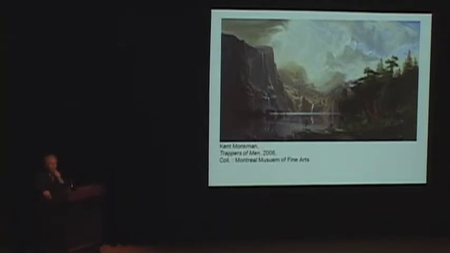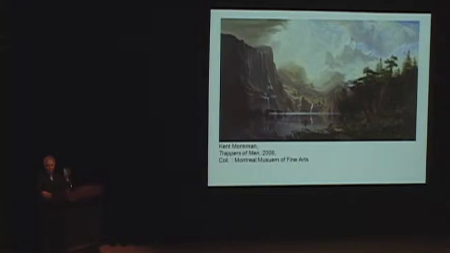He's from Toronto. He's a Métis, meaning that his mother is Cree and his father is Irish. And so that's why he's called Monkman, but in fact, he is very conscious of his First Nation belonging. And when I saw this picture, when it was presented to our acquisition committee, I said, oh my God, this is very, very cleverly done, but it's probably a copy of Albert Bierstadt.